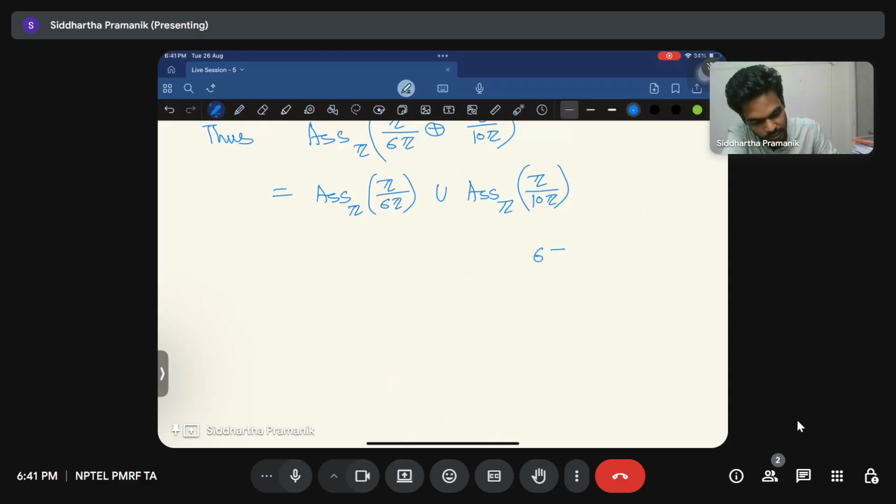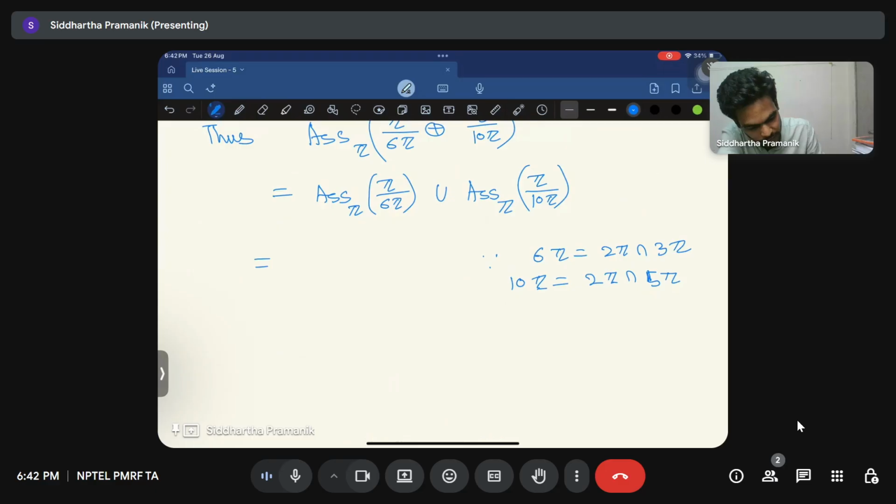We need to look at the prime factorization of 6. So 6Z is basically 2Z intersection 3Z. These are prime ideals. And 10Z is basically 2Z intersection 5Z, because 10 is 2 times 5 and 6 is 2 times 3. So these are primary decompositions.